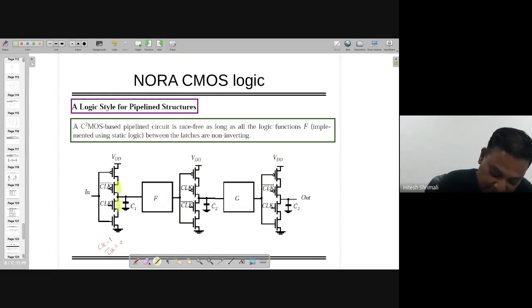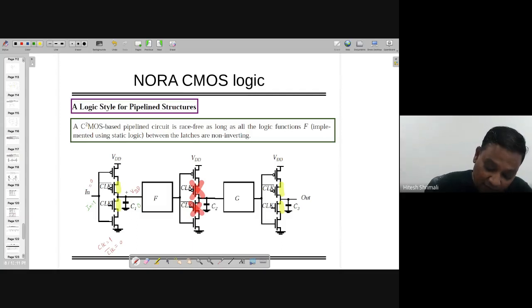Whereas in this case, both the transistors are off, and if you look at the last one, they are on. So when these two are on, whatever the input is here, if input is 0, then this is VDD. If input equal to 1, then this side is going to be equal to 0, depending on the switches.